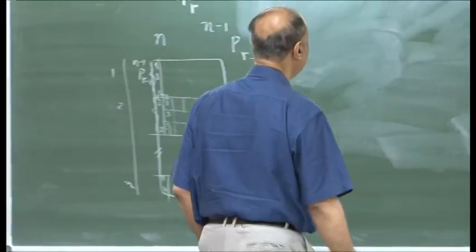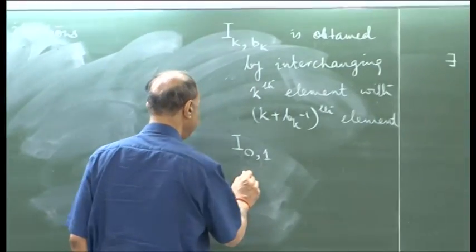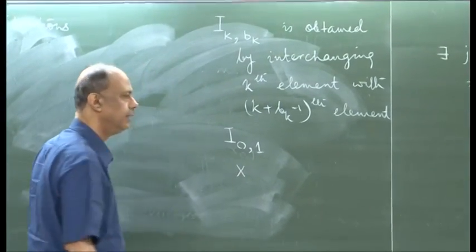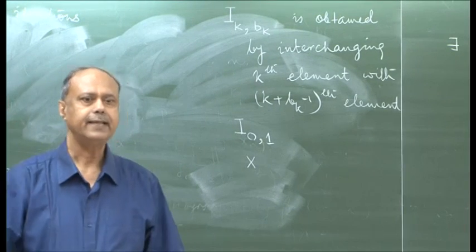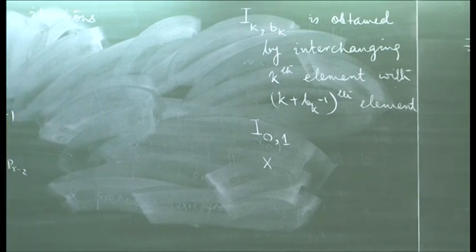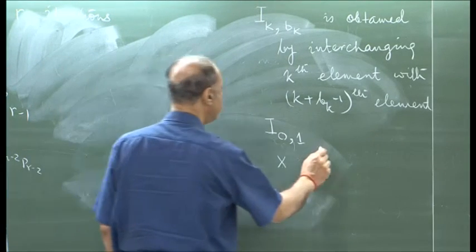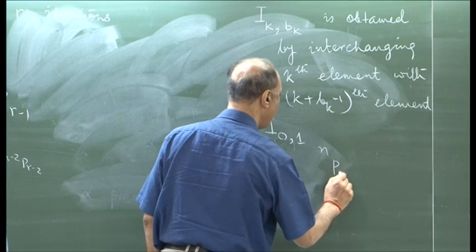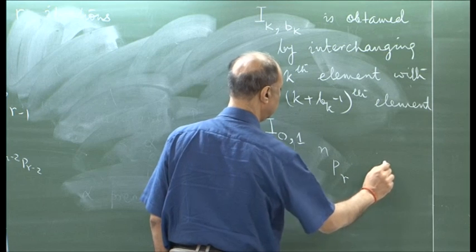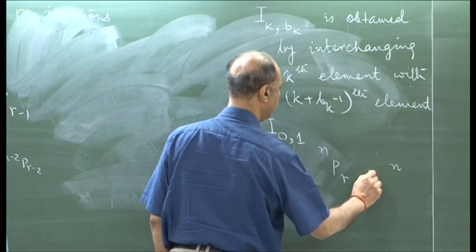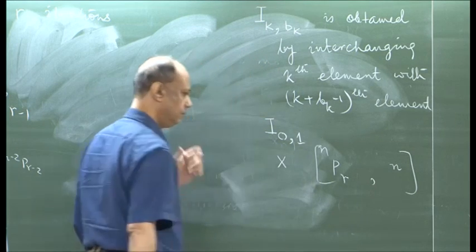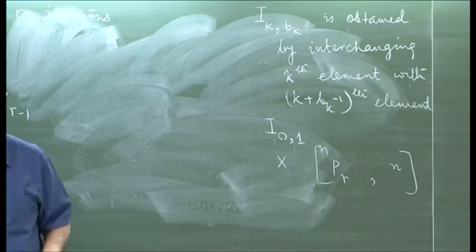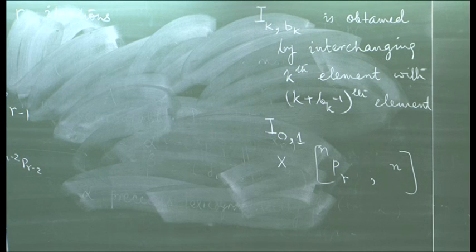And I also assume X. What is X? X is the whole array of size nPr comma n. So it is a two-dimensional array, of size nPr by n.